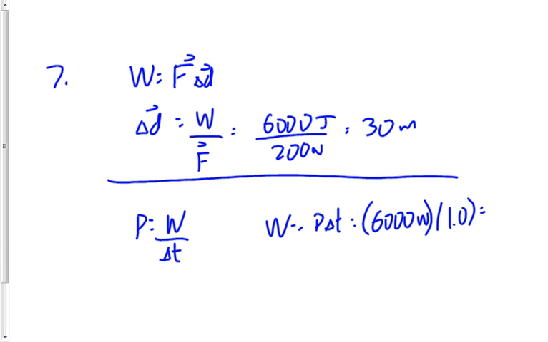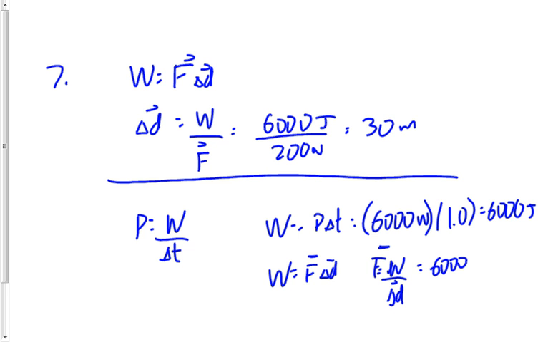It still gives us 6,000 joules. Okay, now we want to find the displacement. We'll do the same thing as we did in the last method here. F is equal to W over D. 6,000 divided by 200 gives me 30. How many people got 30 for that?